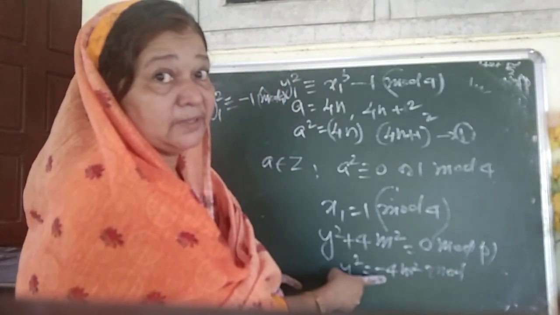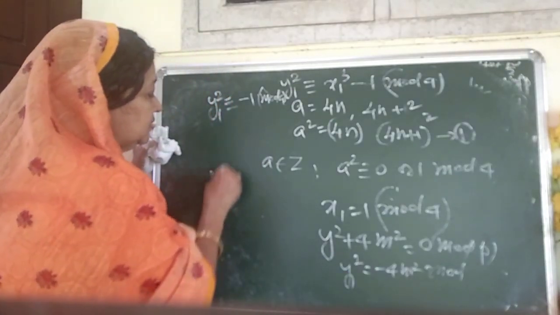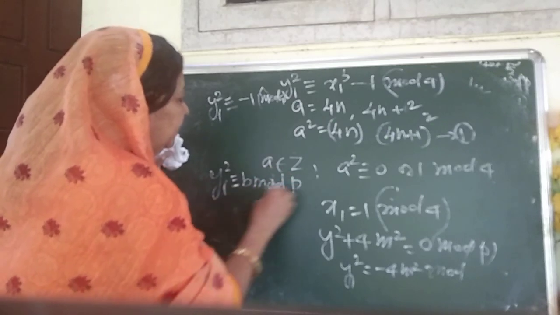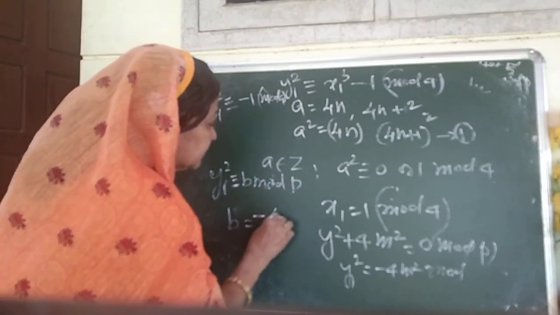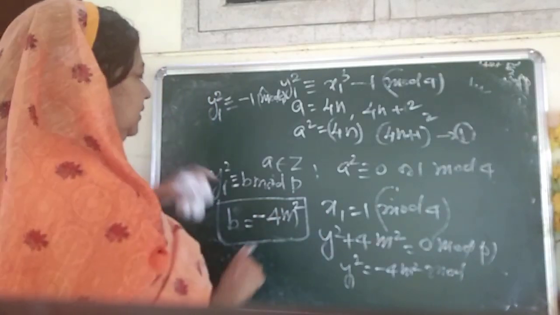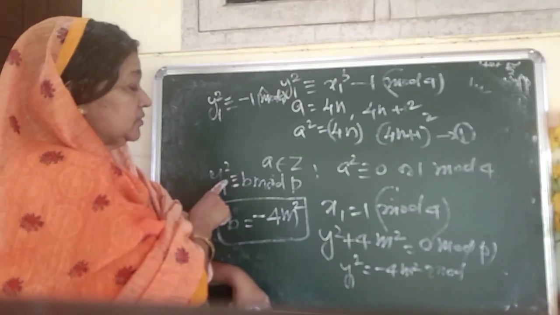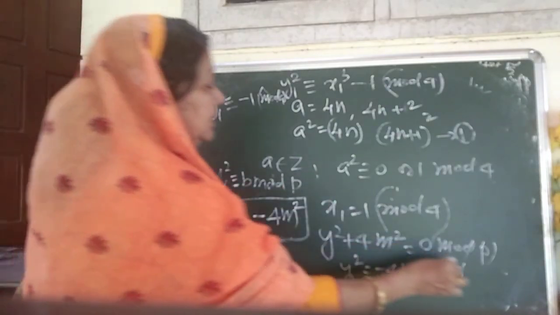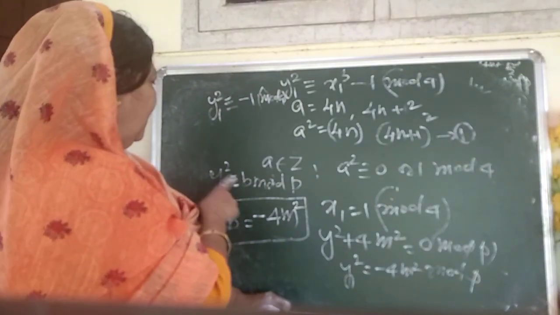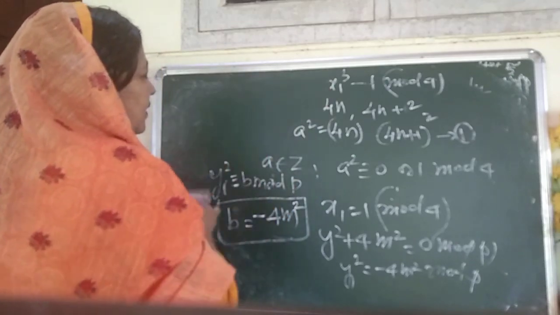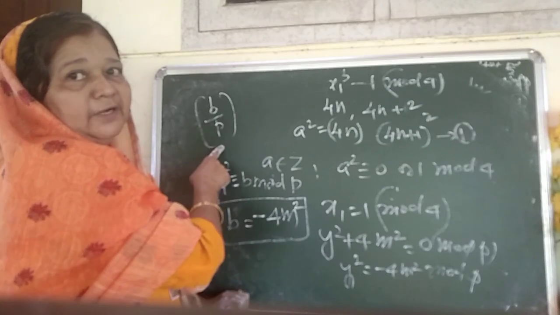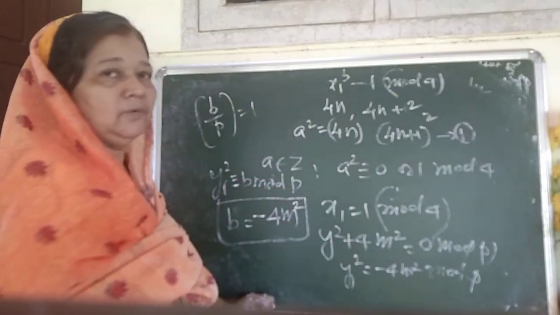Let b equal minus 4m square. Then y1 square is congruent to b mod p, which means b belongs to the quadratic residue modulo p, that is, b by p equals 1.